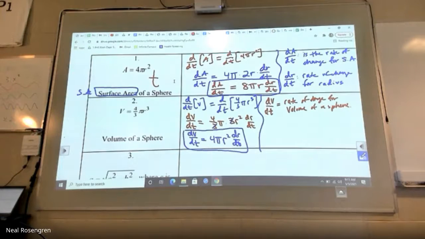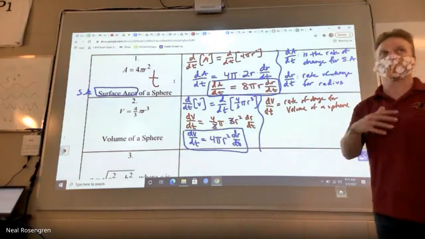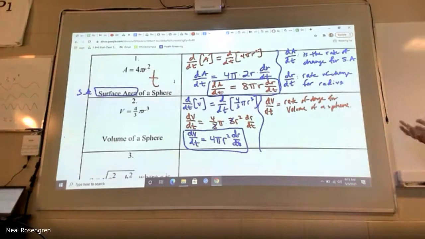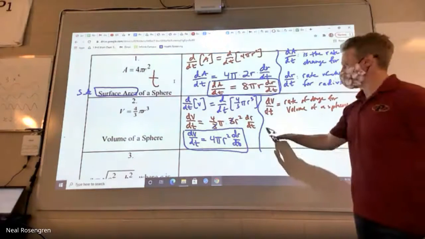I've got volume of a cylinder, volume of a cone. Those will have different types of dV/dt depending on what we're looking at. But hopefully they'll relate nicely back to whatever shape makes that. With volume of a sphere, we went back to surface area. If I wanted volume of a cone and I wanted to find dV/dt, it would be the area of the shape that made that cone. Things like that. And then dr/dt.